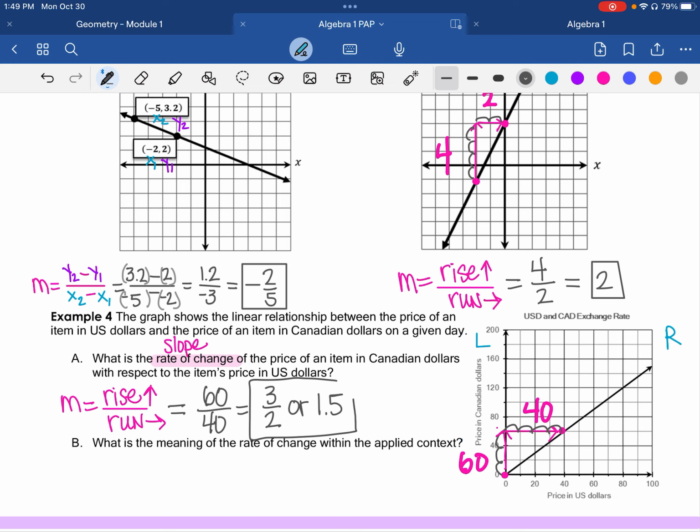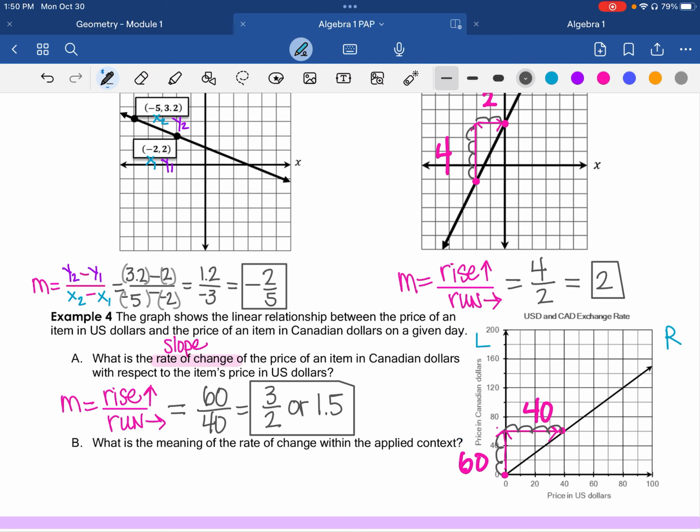Remember, the reason to keep it as 3 over 2 would be graphing purposes, or when there's not a situation involved. To change it to 1.5 would mean we have a word problem. In this case, we do have a word problem, so we would choose the decimal answer. What is the meaning of the rate of change in this applied context?